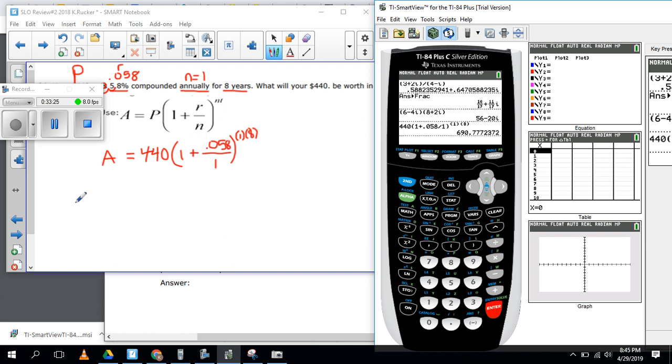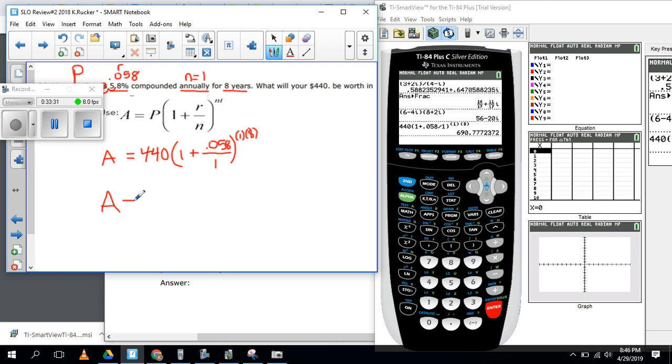So after 8 years, if we invested only $440, that is compounded annually, meaning we get interest once a year at 5.8%.